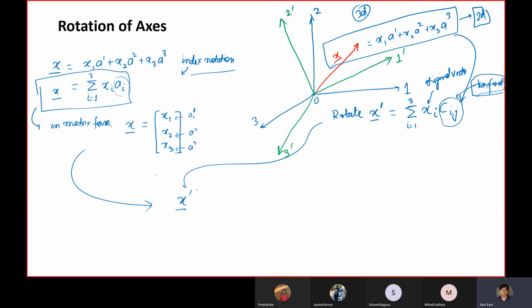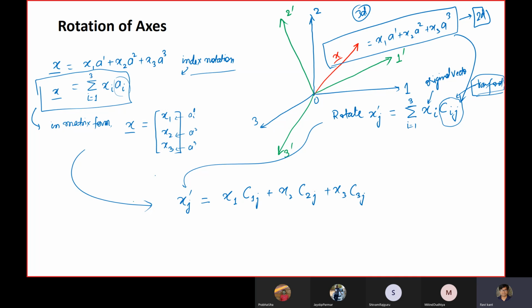So this can again be written in terms of x dash j, rather than vector, because j will go from 1 to 3, so it is a vector. Since it is essentially a vector, x dash j can be written as x1 c1j, x2 c2j, and x3 c3j.